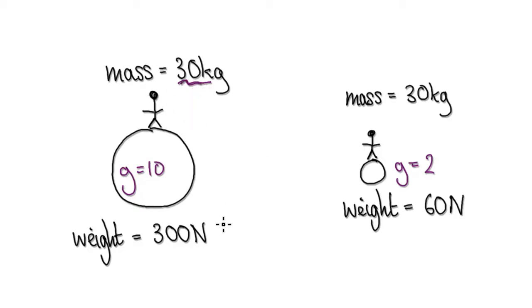Your weight is actually a force, and your physics teacher will explain this to you. It's m combined with gravity. So your mass is 30 kilograms. For you to work out the weight, you have to multiply the mass with gravity.